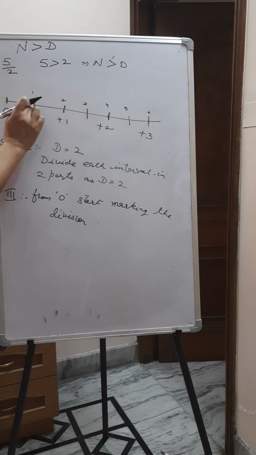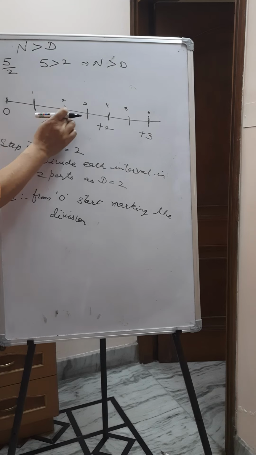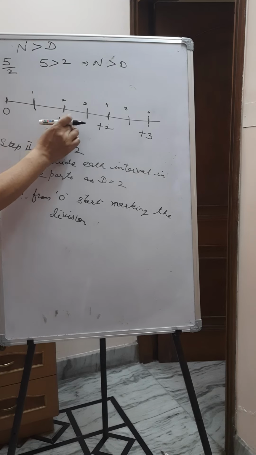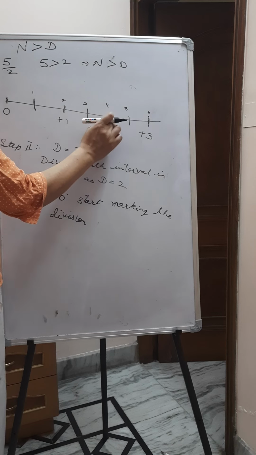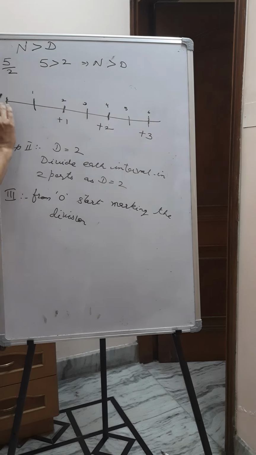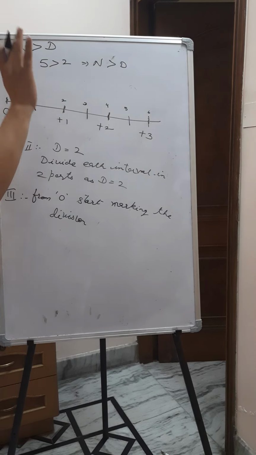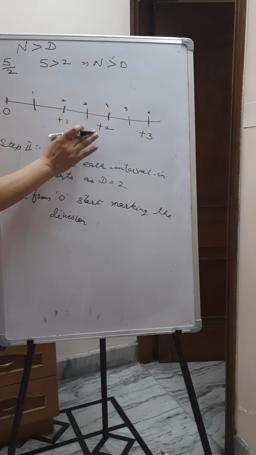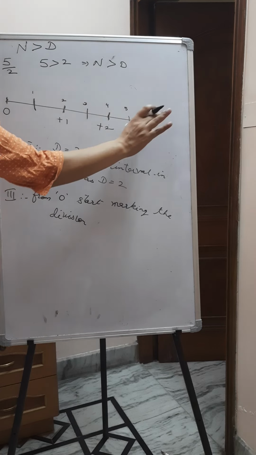On each marking, this is the marking we have done on the number line already for the +1, and again this one on the number line. But now when we are going to mark after the partition, we have to mark in a continuous manner. It is not that you skip the original numbers, no, you have to mark continuously.